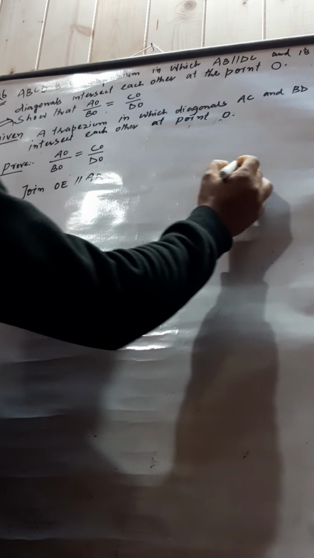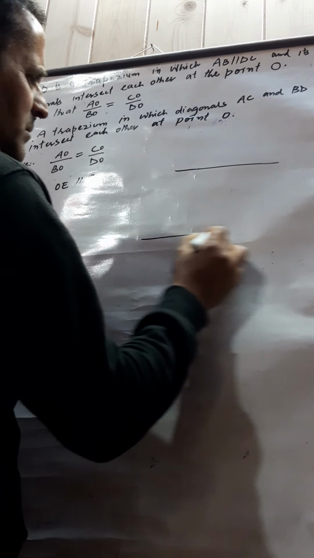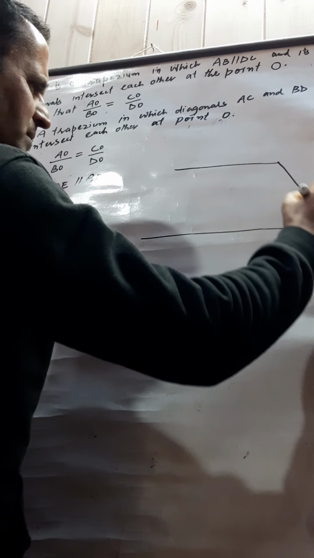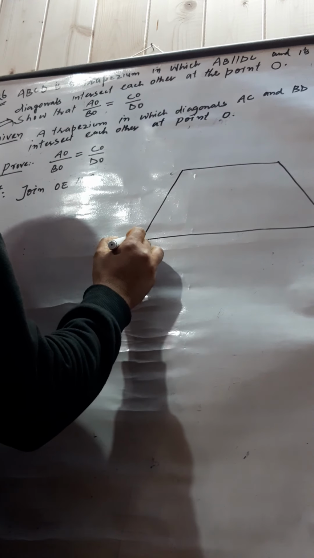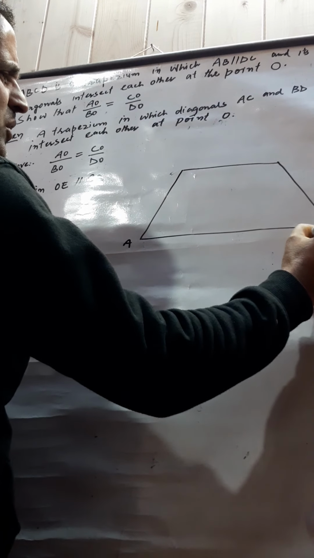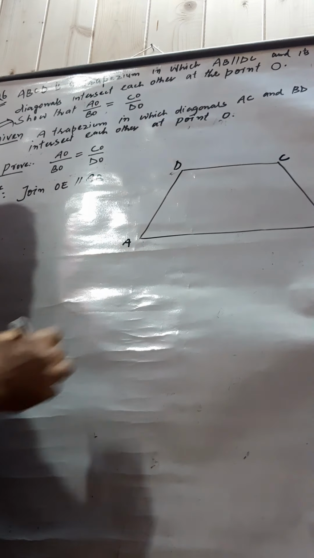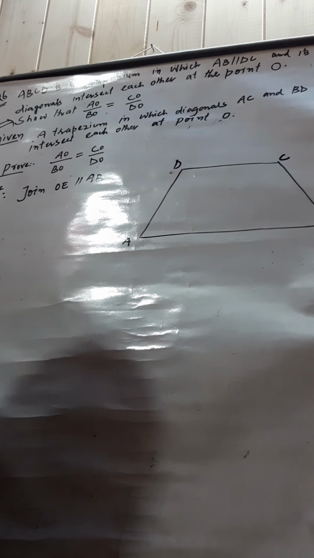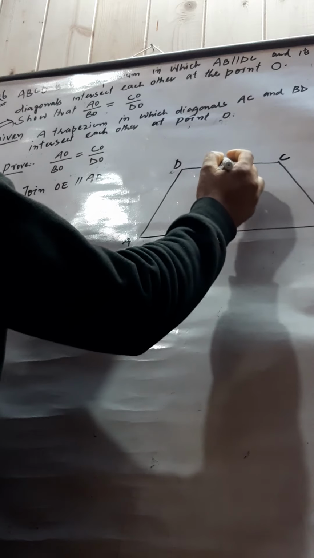Before going through the question, let us draw the figure of the trapezium. You have studied in your earlier classes that a trapezium is a quadrilateral in which at least one pair of opposite sides are parallel to each other.